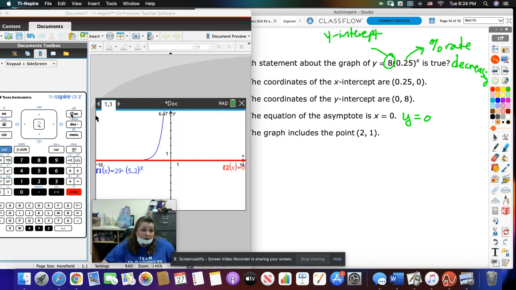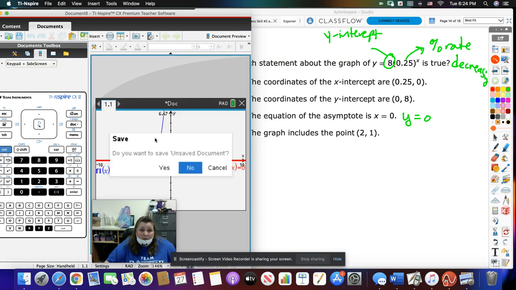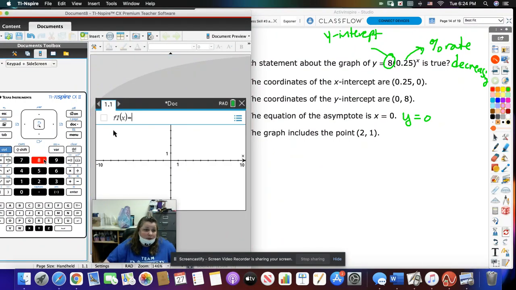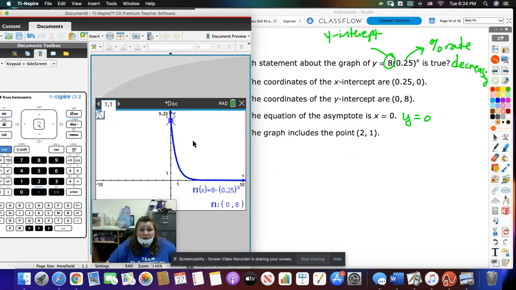So you might have to go to the graph on this. New document, save changes, no. Add the graph, 8, open parenthesis, 0.25, caret x, enter. And then menu, trace, graph trace. There's my y-intercept. Again, if you weren't sure, it's right there. And then this point is 2.